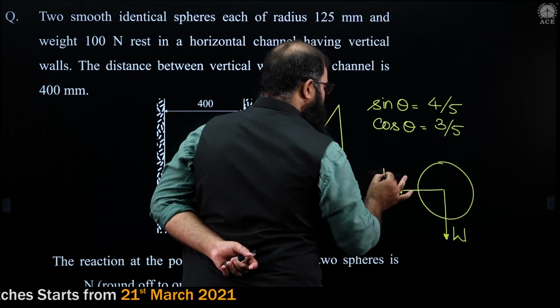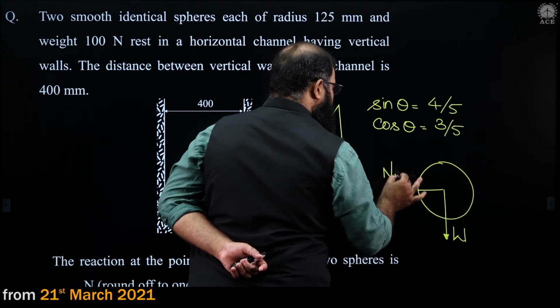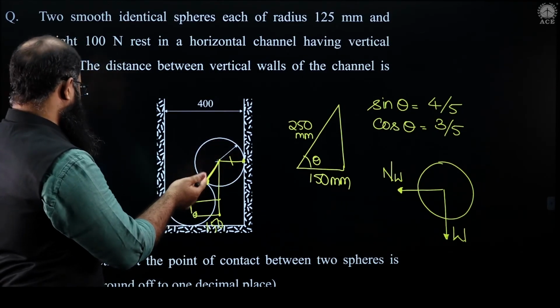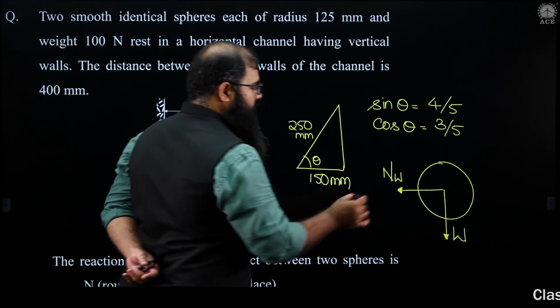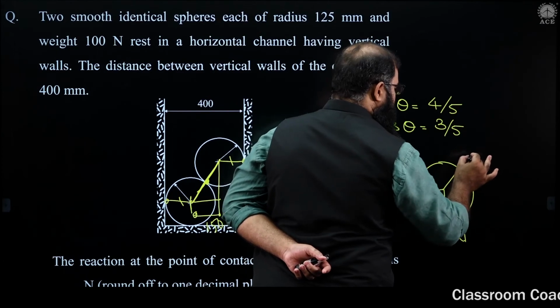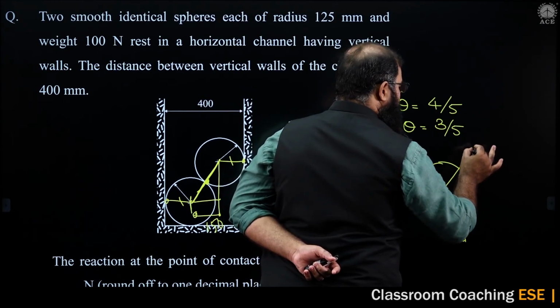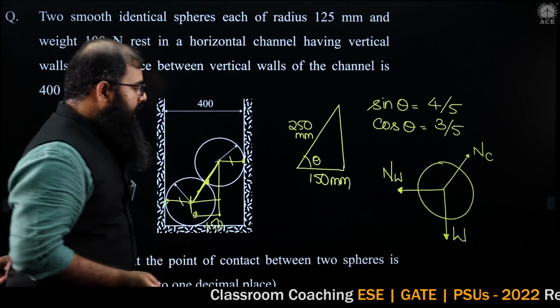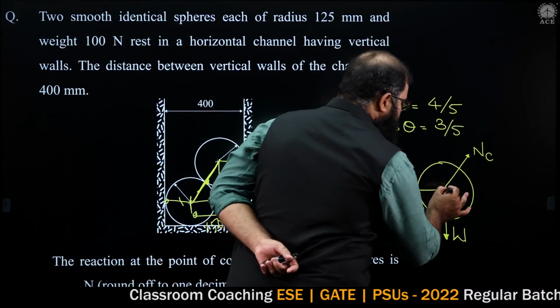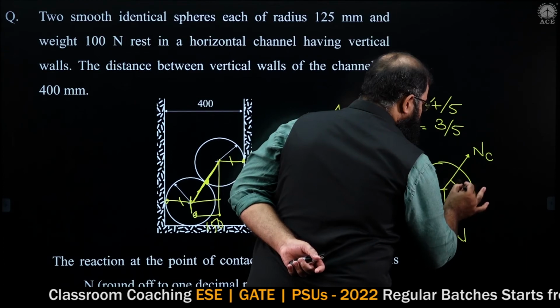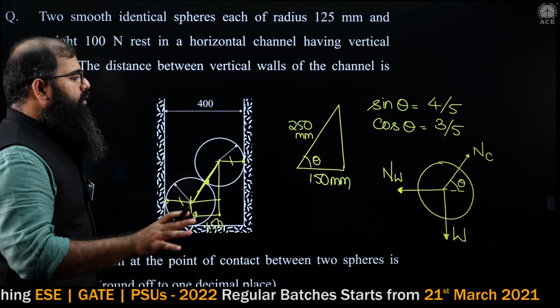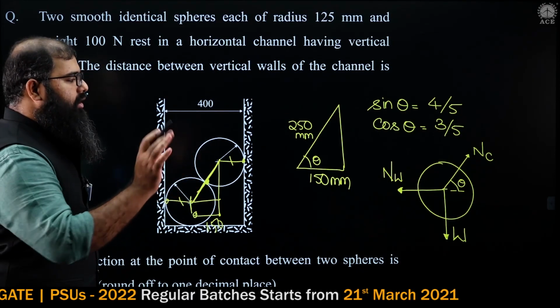And I'm having a normal at the contact, is it not? He's asking me at the contact. So I have a normal at the contact, and this angle over here is equal to theta. My aim is only to find out the value of normal at the contact.